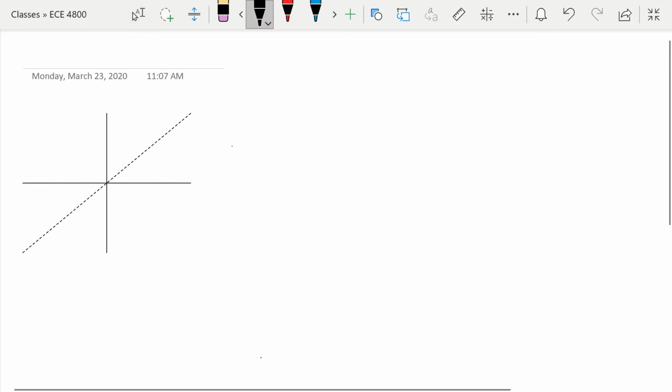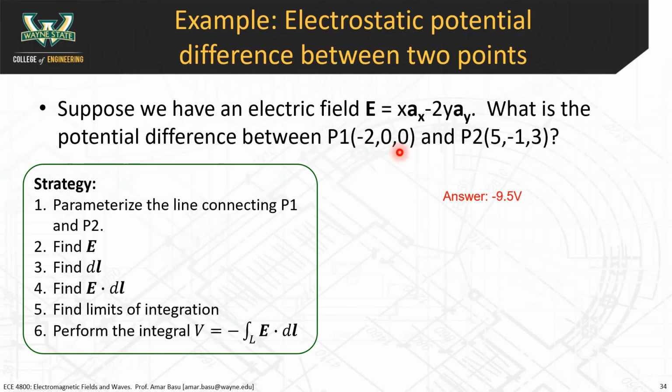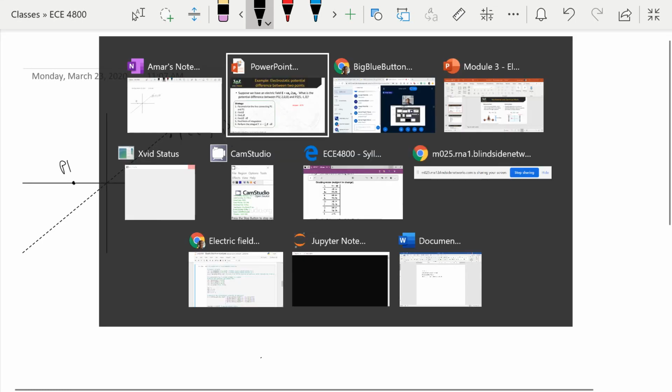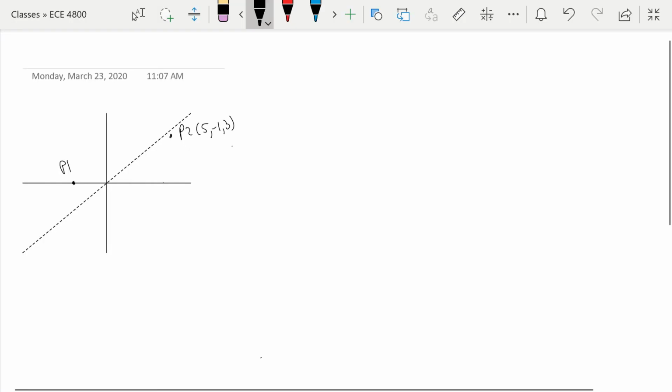So P1 is going to be located somewhere out here. P2 is going to be at 5, negative 1, 3. So it's 1, 2, 3, 4, 5, negative 1, and then up 3. All right, P1 is located at negative 2, 0, 0.